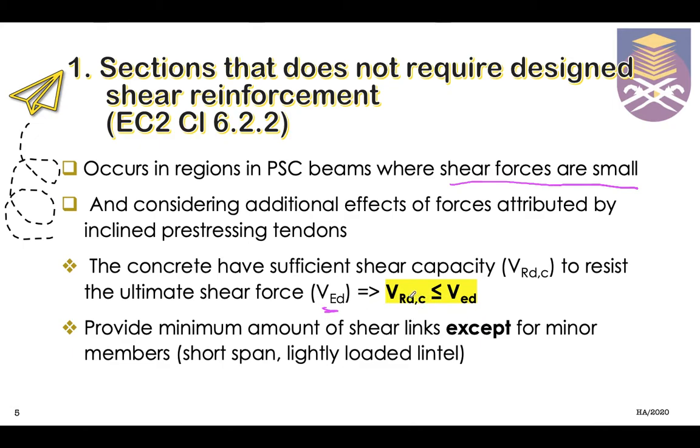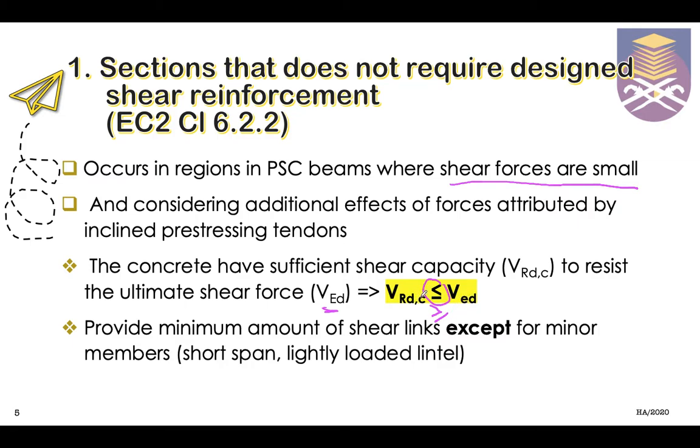For this case, where the section does not require design shear reinforcement, our VRd,c value is larger than the VEd value. We have a wrong sign here, so it is supposed to be like this. This VRd,c is the shear resistance of our section itself, while VEd is due to the subjected loadings.